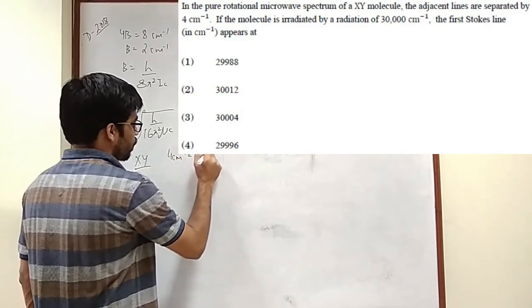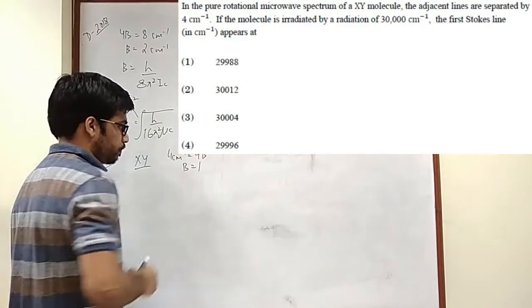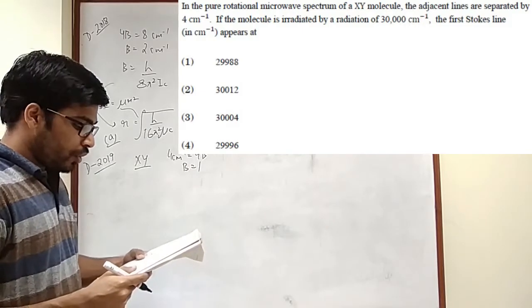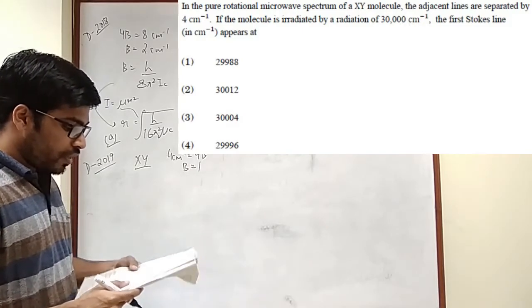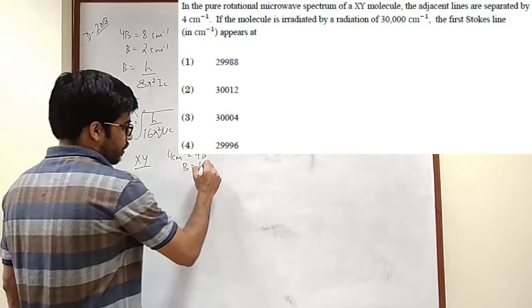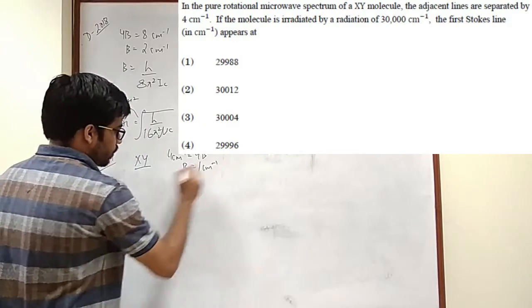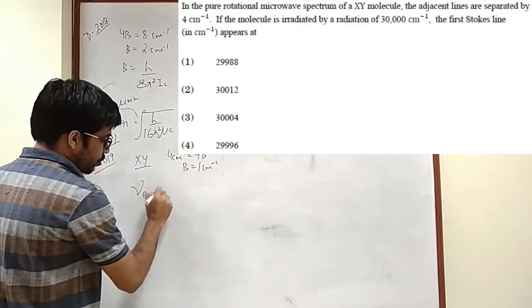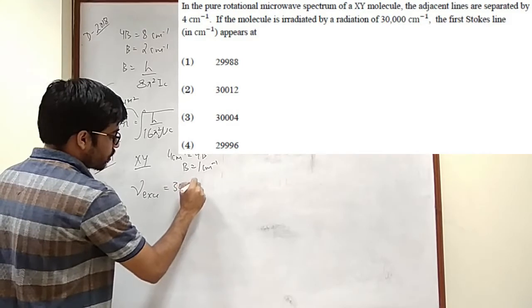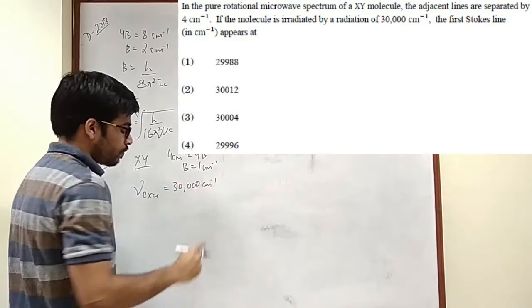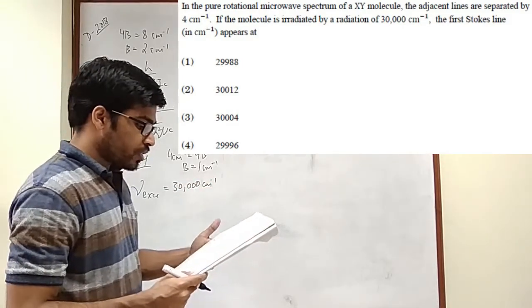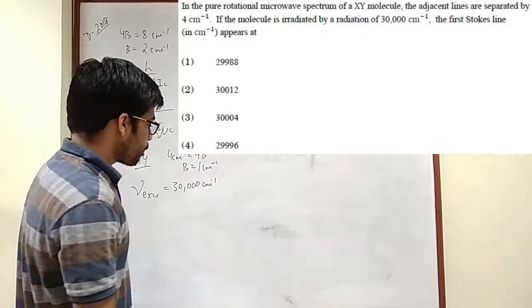So that means this is your 4B, or B equals 1. If the molecule is irradiated by a radiation of 30,000 centimeter inverse, so let's say your mu excitation is 30,000 centimeter inverse, the first Stokes line will appear at.